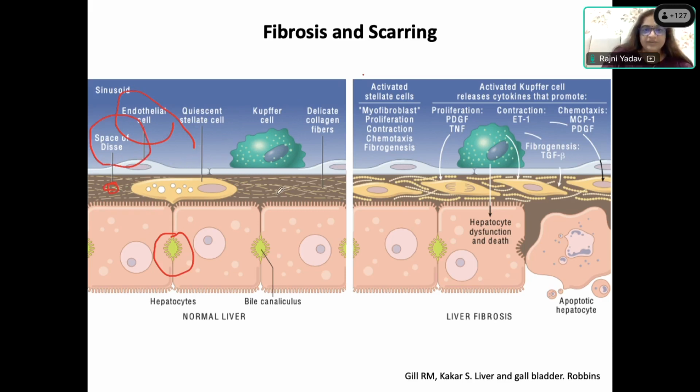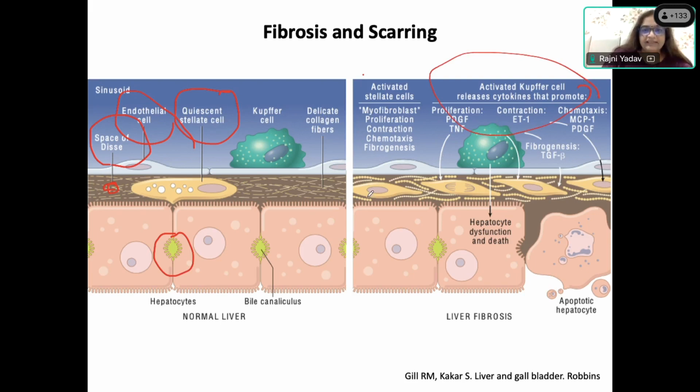In the normal liver, you can't actually see this space on microscopy. In it lie the quiescent stellate cells, which are known as Ito cells. The Kupffer cells are on the outer side, and the blood is flowing in the sinusoidal space. Now what happens when there is an injury? The Kupffer cells are activated and cytokines are released.